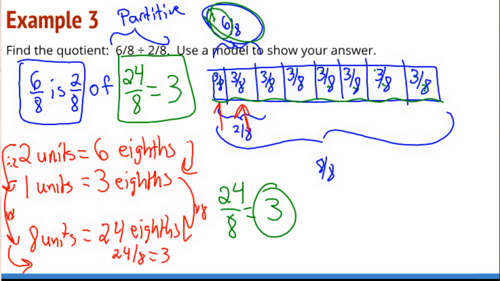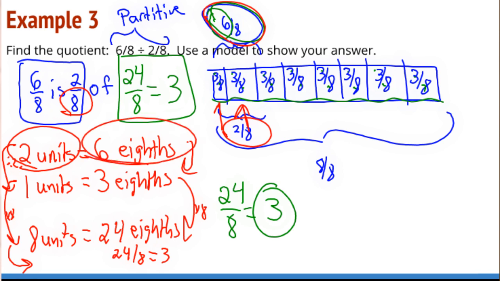So thinking about this, and this is exactly what we did on the model here, we took the 2 units, these 2/8, and we said that they are equal to the 6/8 right here. And then we found the value of 1 unit, and we said that was 3/8.